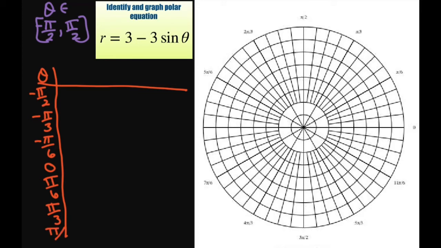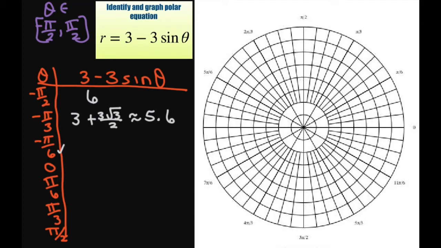Now our equation is 3 minus 3 sine of theta. So we substitute in our theta and write our value. At negative pi over 2 we get 6. Then this is going to be 3 plus 3 square root of 3 divided by 2, which is approximately 5.6.